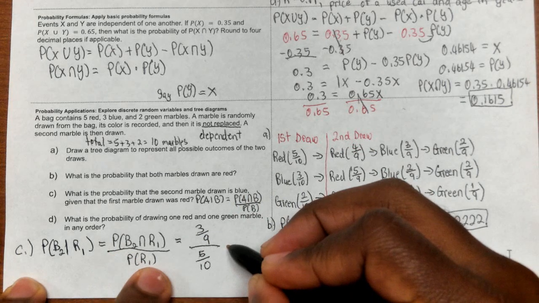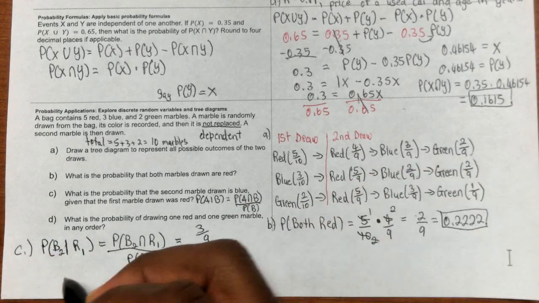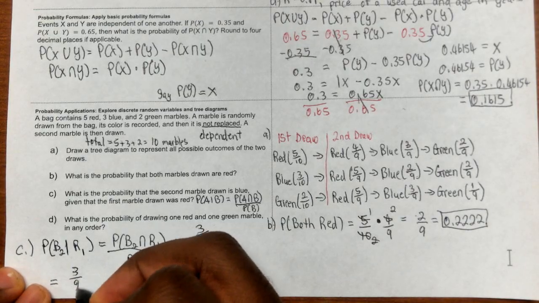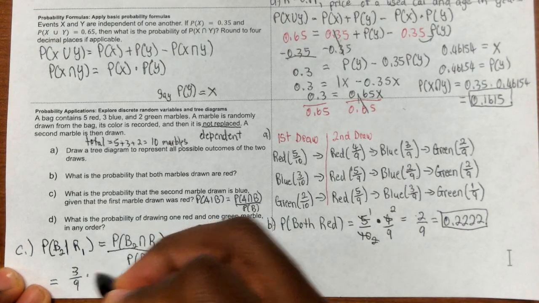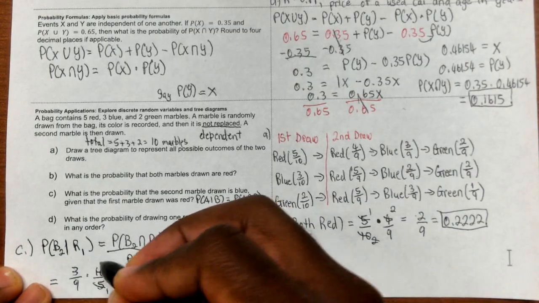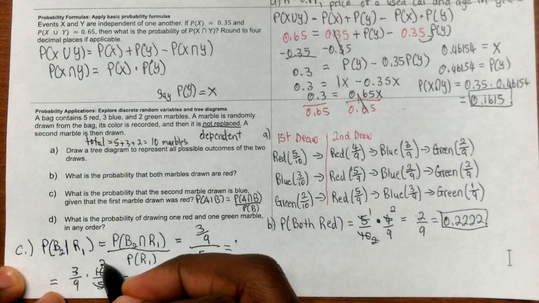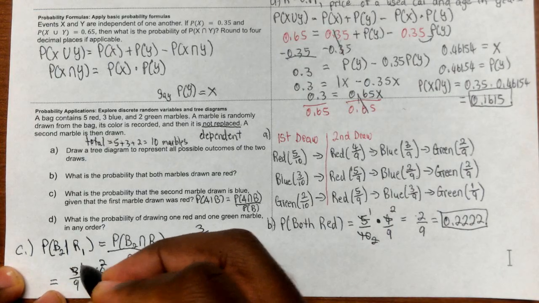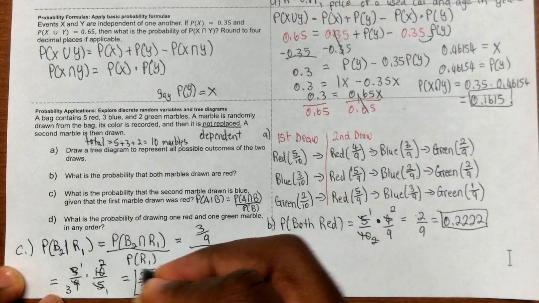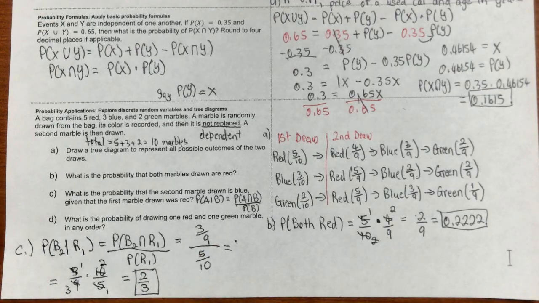So I just go ahead and multiply. 3 over 9 divided by 5 out of 10 is the same as multiplying by 10 over 5. 10 over 5 simplifies to 2, and 2 and 9 simplify to 1 and 3, so this would be 2 over 3. And that would be the result.